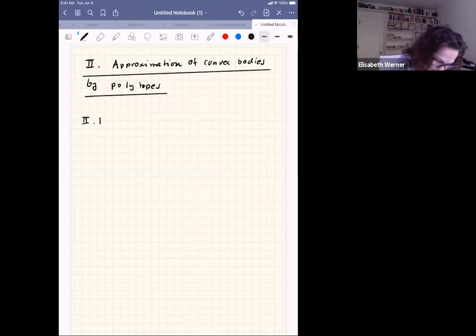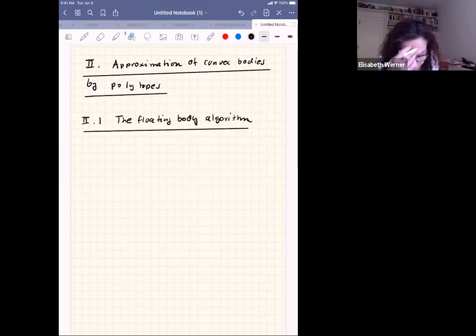That's called the floating body algorithm, which will provide us with an approximating polytope for a given convex body K, a polytope that sits in K. This is due to Carsten Schütt, this floating body algorithm. So I'll start to describe the algorithm.